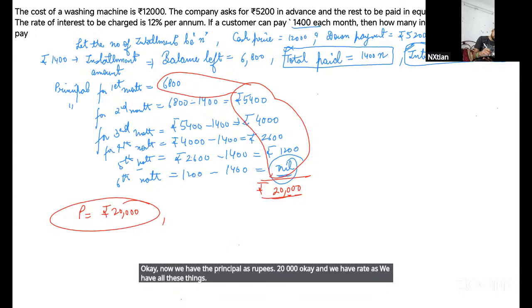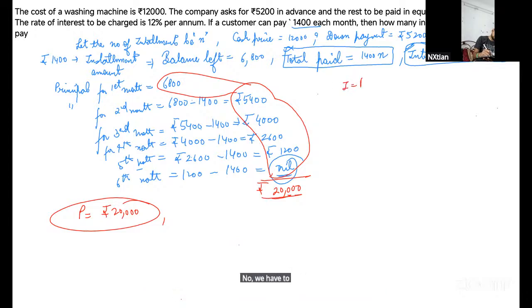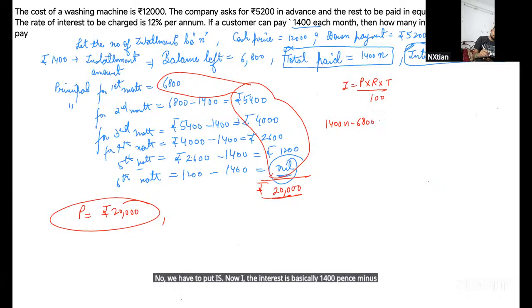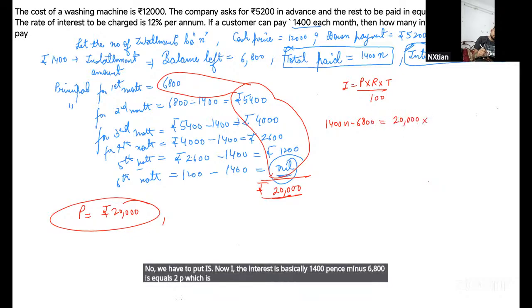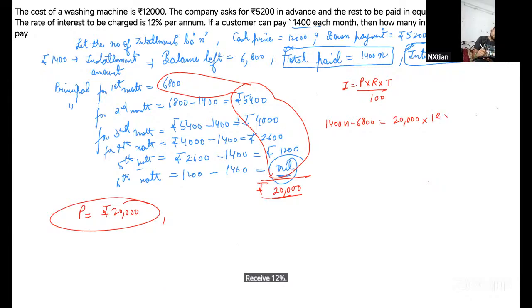Now we have to put I is equal to P into R into T by 100. Now the interest is basically 1400 N minus 6,800 is equal to P, which is 20,000, into R, which is 12%, into time, which is 1 by 12, upon 100.